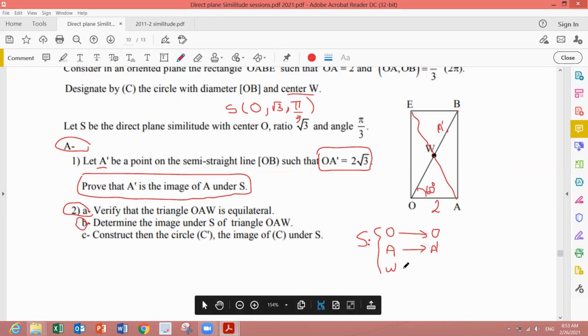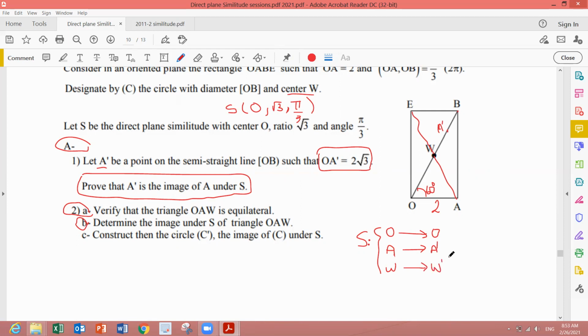W prime. وين بدي يطلع W prime؟ شو بيطلع triangle OA prime W prime؟ شو بده يكون؟ equilateral.